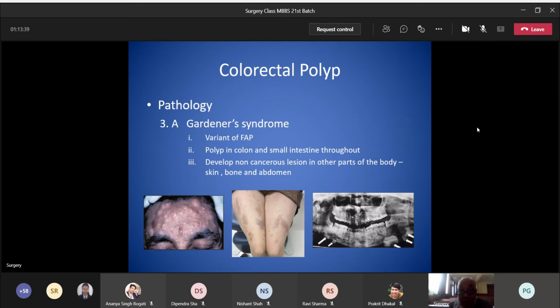So these are the syndromes. When somebody comes with multiple swellings in the forehead or body, with pain in the maxilla or mandible, and an X-ray shows a lytic area, always think of Gardner syndrome. You must examine the rectum and colon to see whether any polyps are there. So this is known as Gardner syndrome.